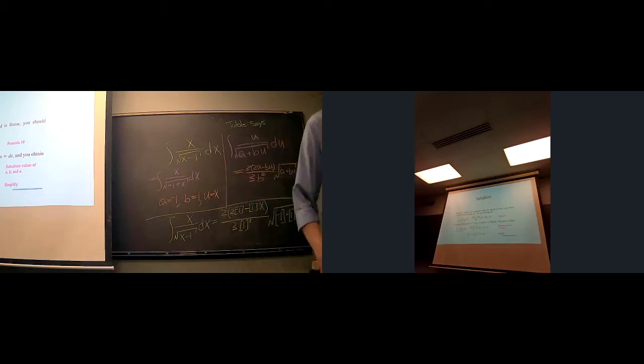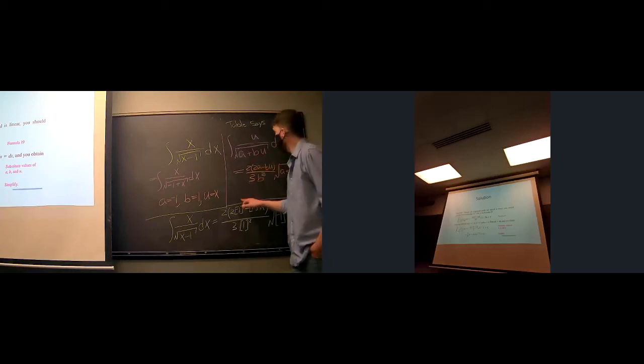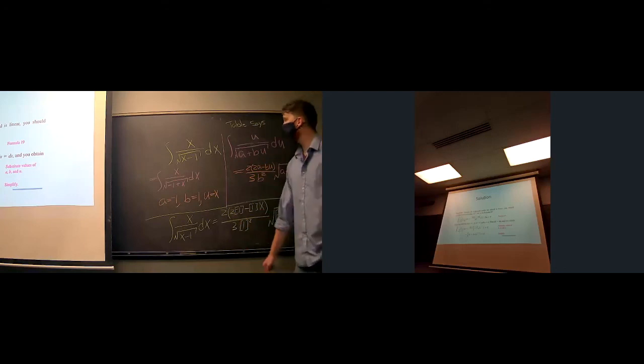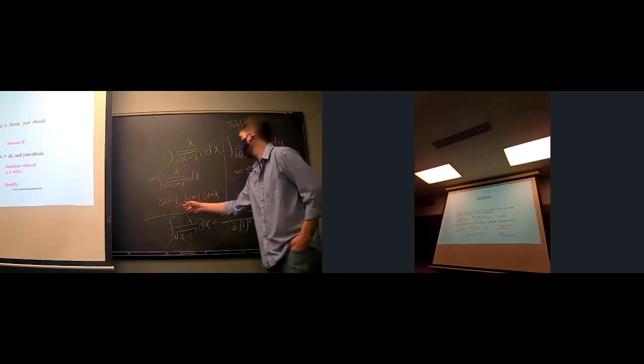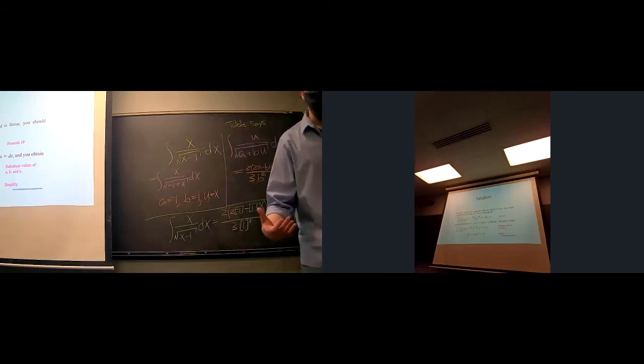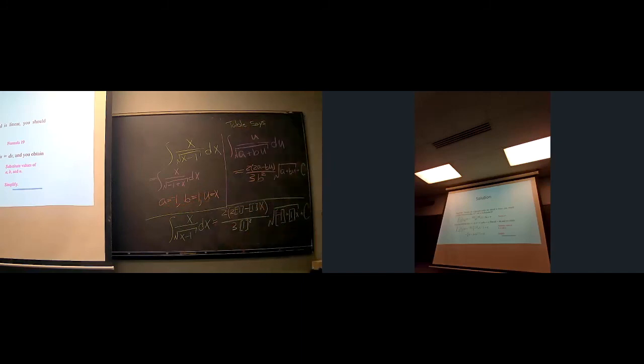From here, it's just a matter of simplifying. But we can already get an idea just by looking at this what the point of these tables is, right? This would be an ugly integral to figure out by hand. But using a table reduces it to just saying, what are our constants and what is u representing here? That's it.